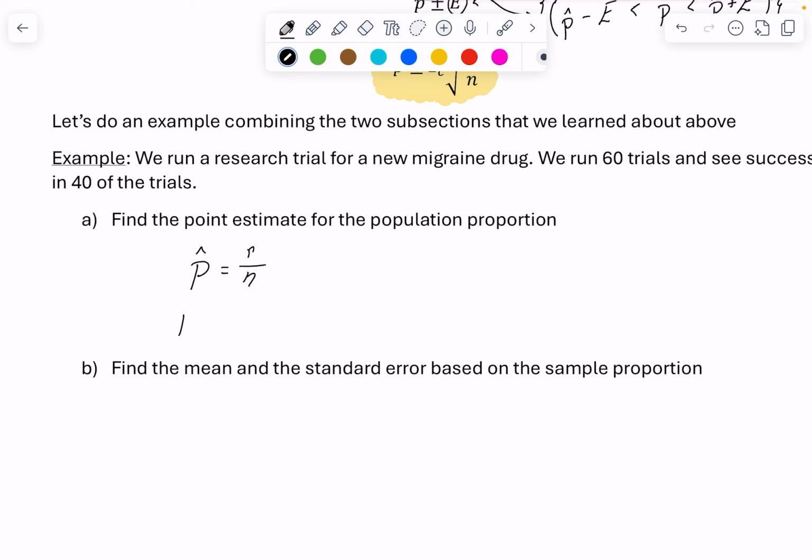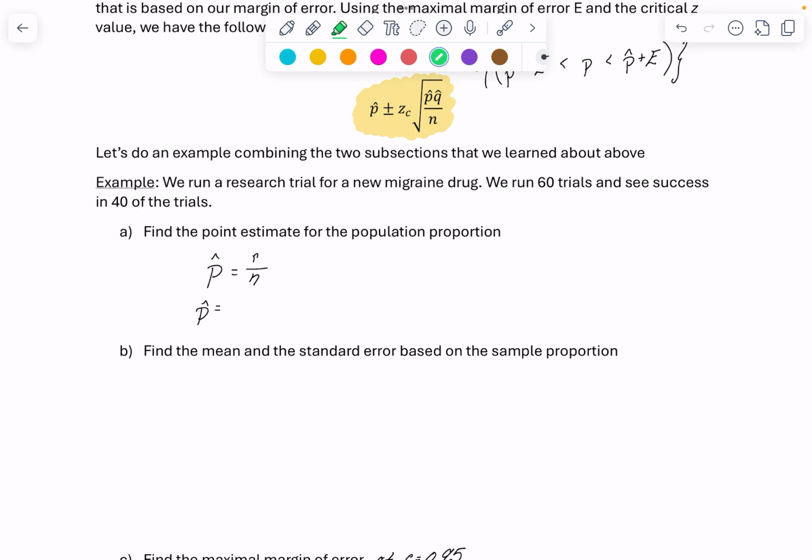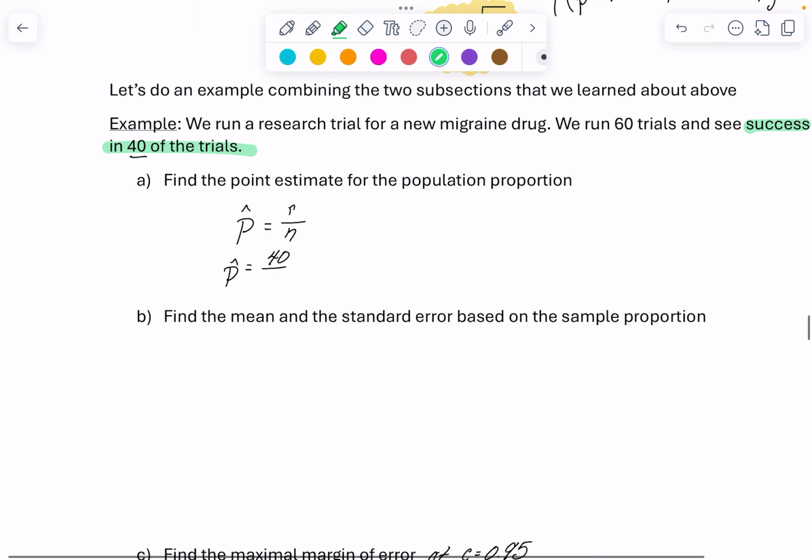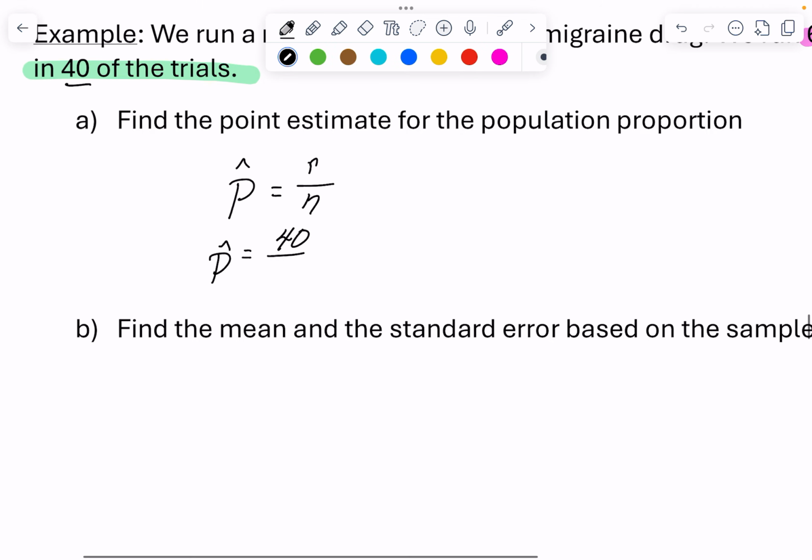So plugging in our values, we saw that 40 of the trials had success. So that's going to be in our numerator. And our denominator shows that we have 60 trials that were ran. Okay.